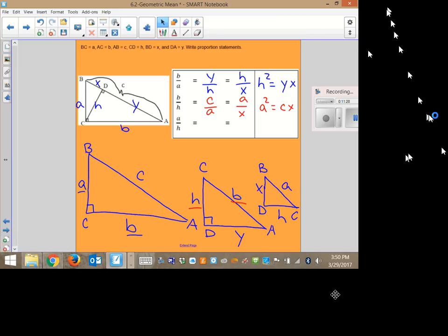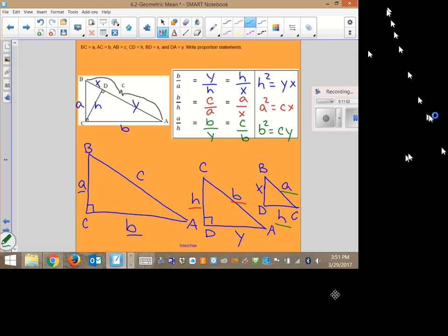Our last one, we have A over H. And so we're going to get on our medium triangle, B over Y. And then our large triangle, we're going to get C over B. So then we get B squared equals CY. All right, I'm going to pause here for a second, take a look at this.